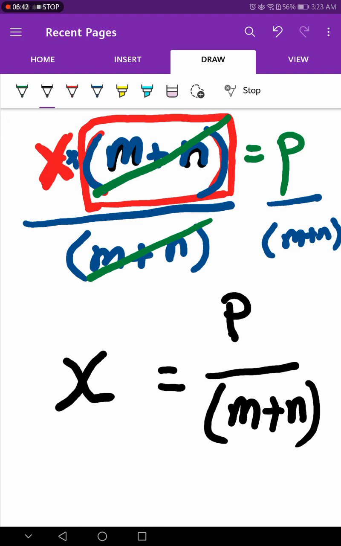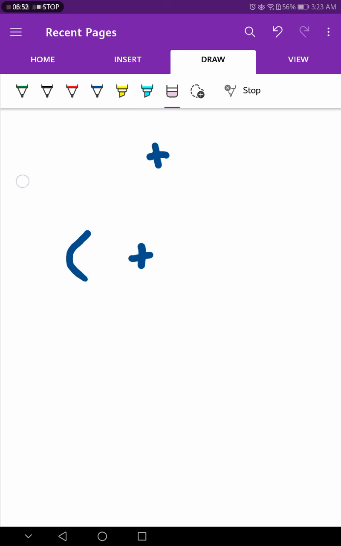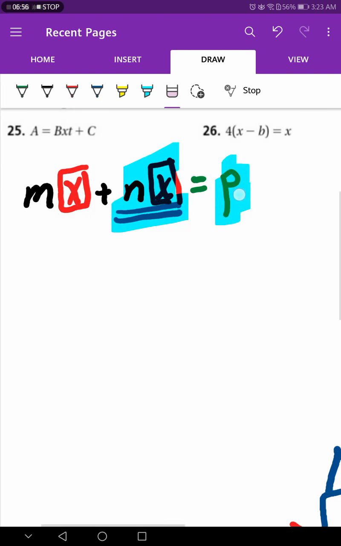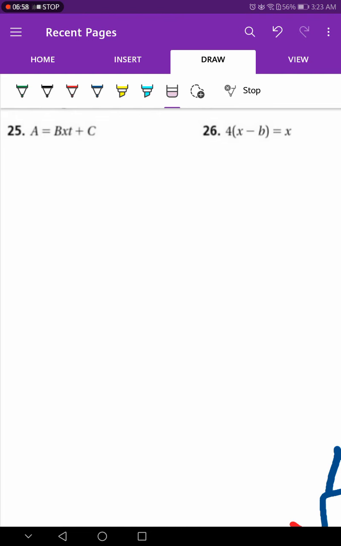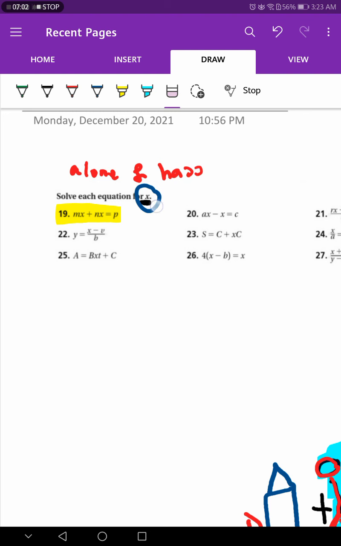Okay, let us take a similar example. It will be easier and more clear. Okay, great. I will solve the next question. I don't remember the number of the question. Yes, it's 20. Okay, so remember that I have to make the x alone and happy.